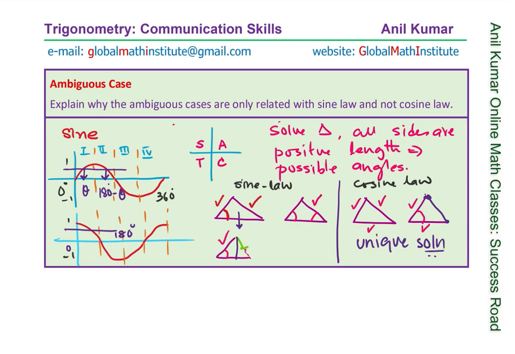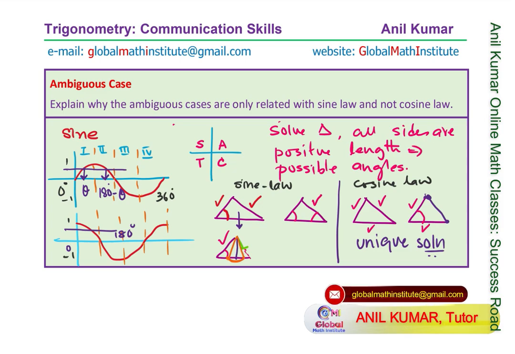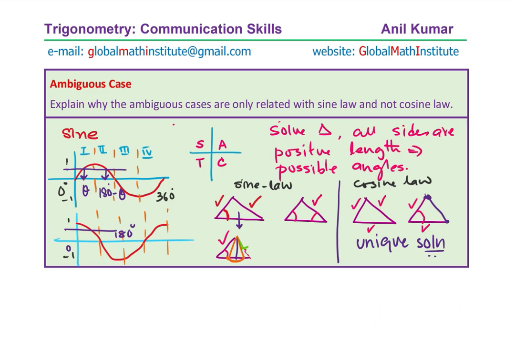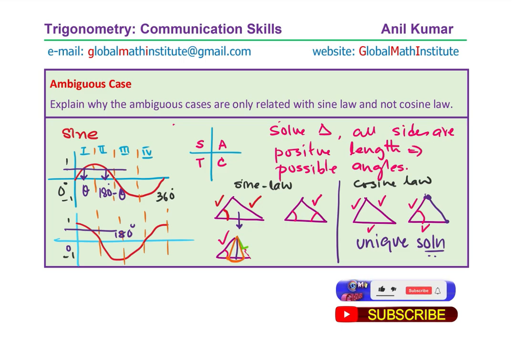And if this side is in between the two values, then we form two triangles. So that is why we get ambiguous cases when the condition is for applying the sine law. That is how we could explain that ambiguous cases only occur when the condition is for applying sine law. I hope that is absolutely clear.